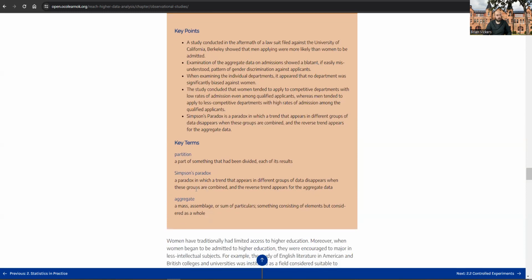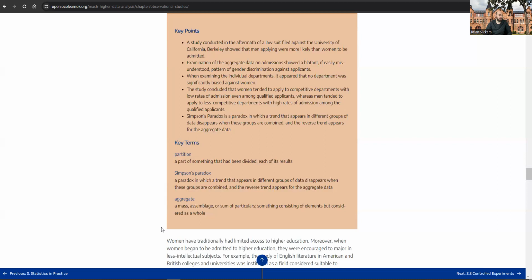There's a paradox wherein if you take data from different groups and then aggregate it, sometimes whatever you found doesn't seem to be the case anymore, or sometimes all of a sudden a trend or a reverse trend appears when you aggregate it. So even though you have a very significant finding, when you look at individual departments, maybe when you look at the entire employment center of your entire operation, that data looks different.